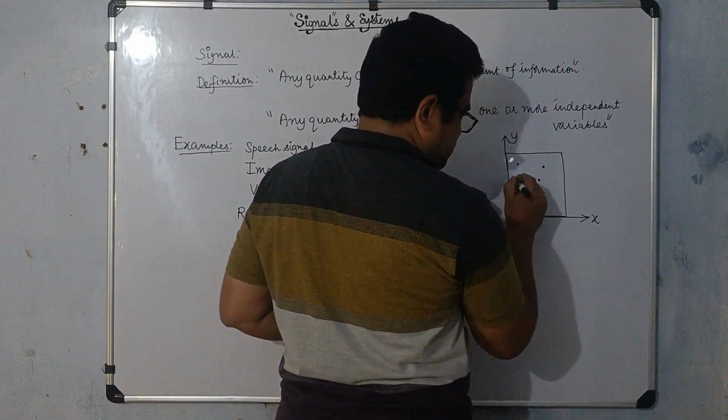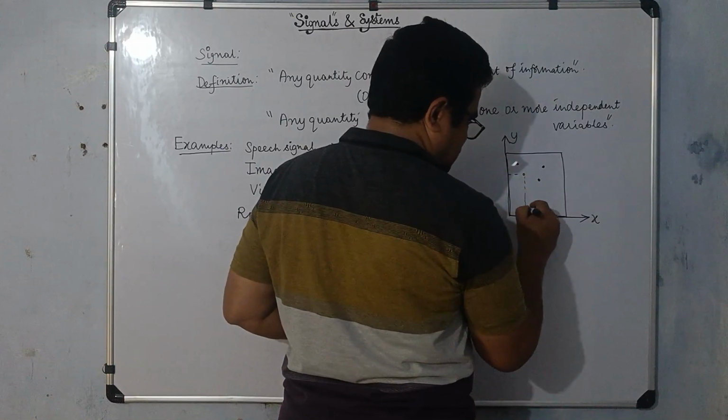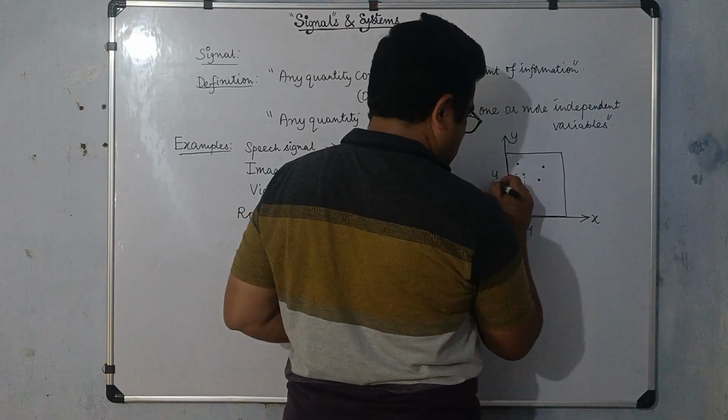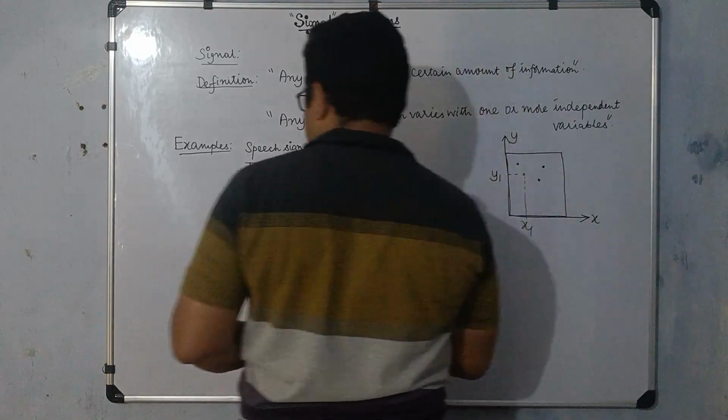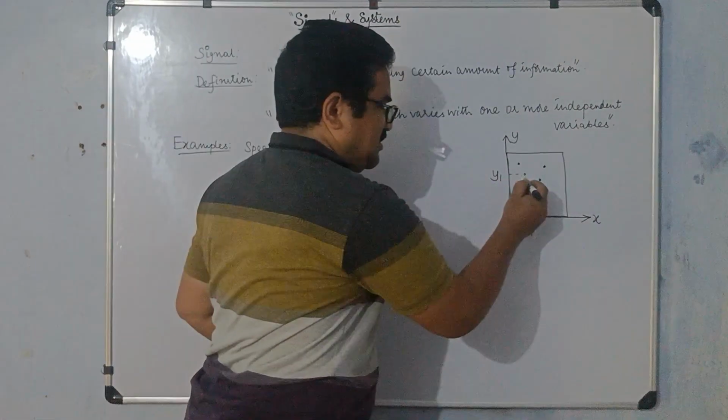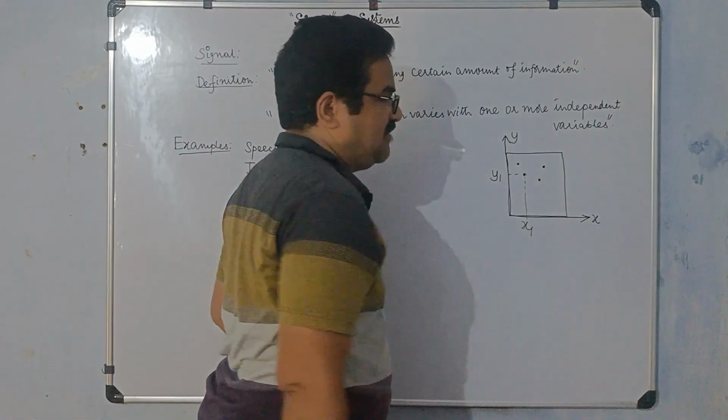So with respect to X and Y coordinates, let us say this one is X1, Y1. With respect to X1, Y1, this is the point which is having a certain color.